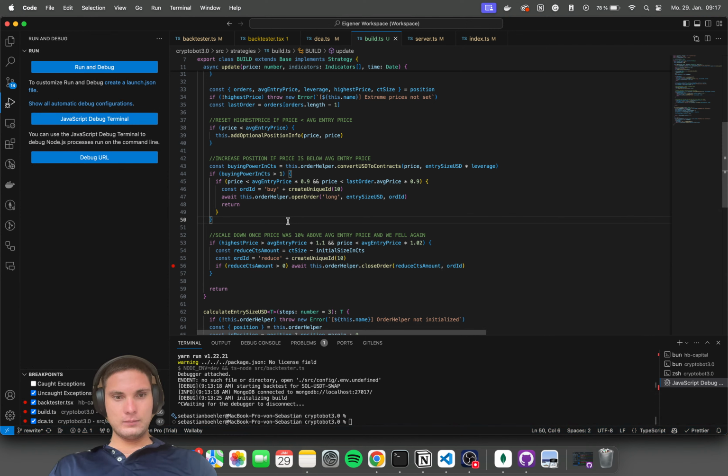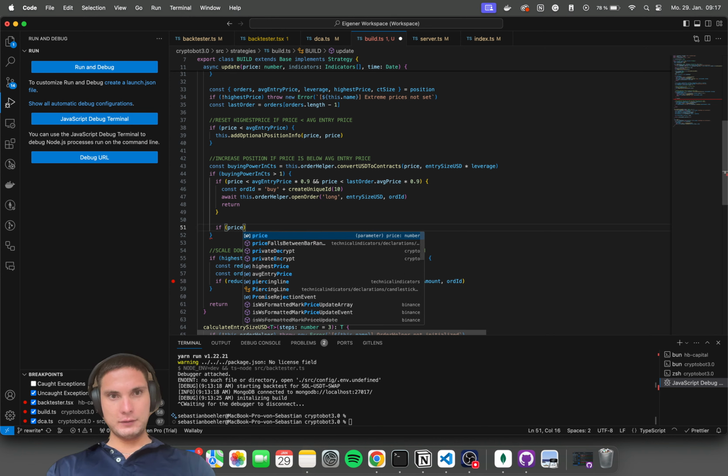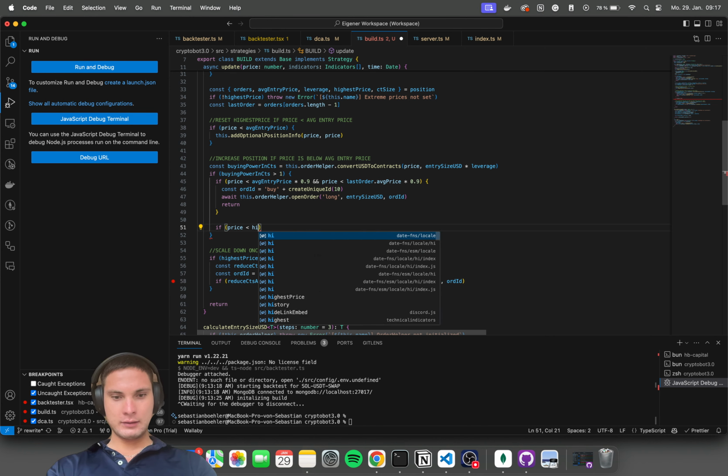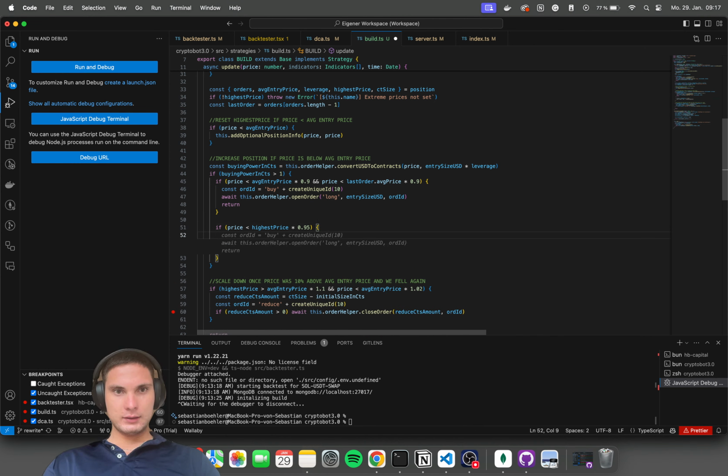So let's be in here and say if the price fell more than, I don't know, 15% from the highest price, I want to buy. Let's call this buy 2.